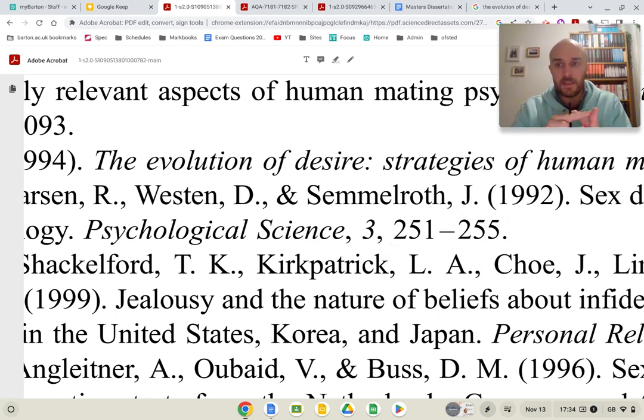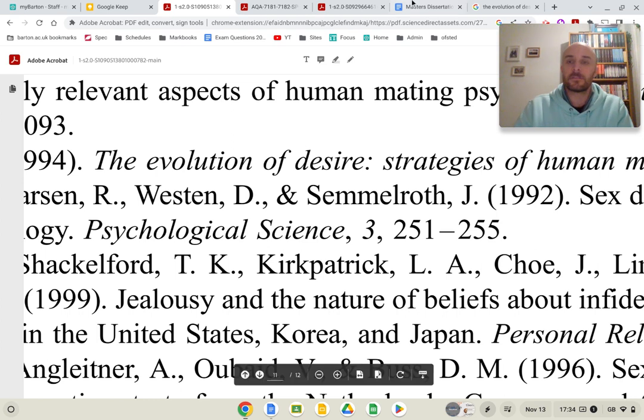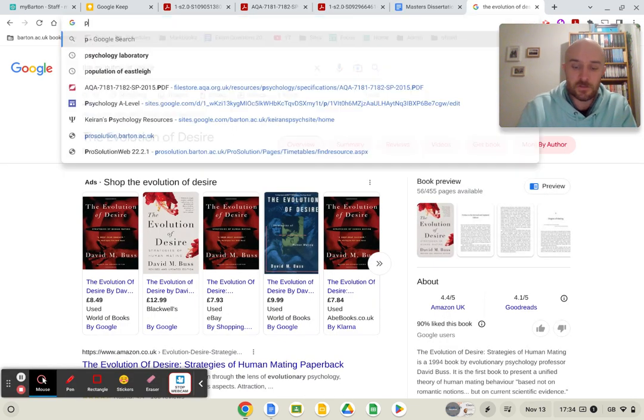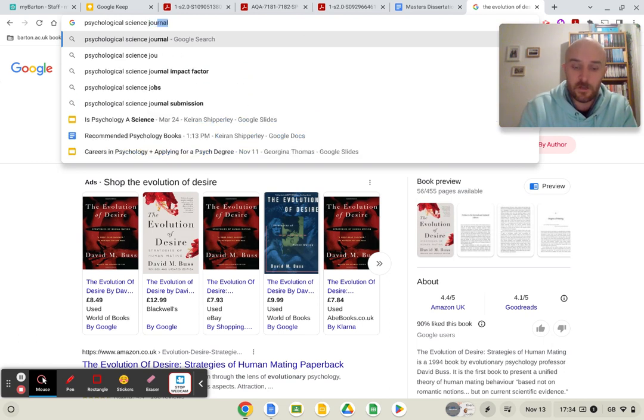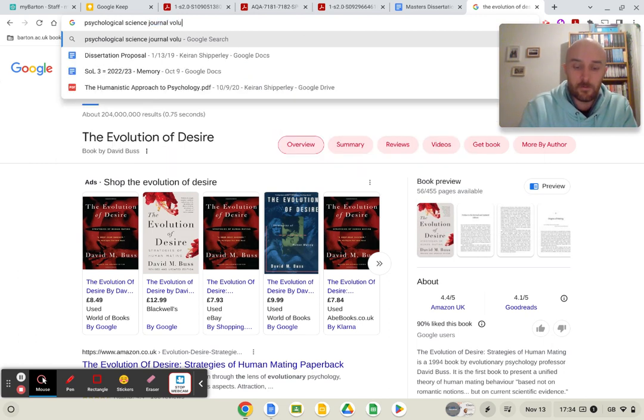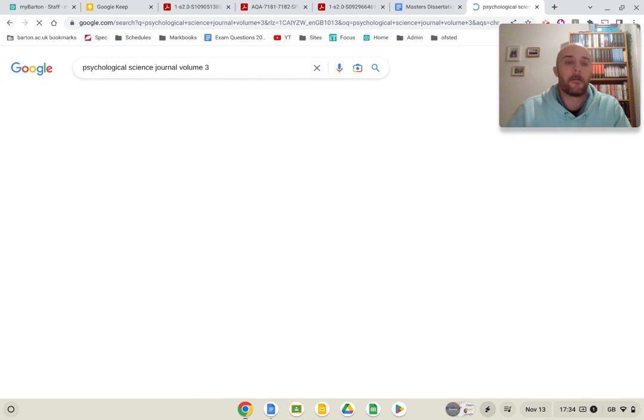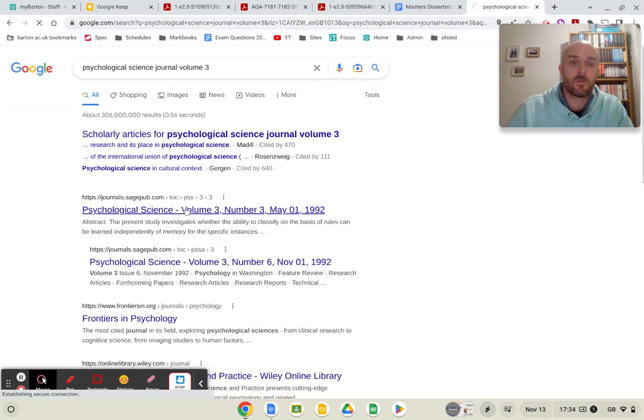So it's surname, first initial, year in brackets, the article title, the journal title, the volume number, followed by page number. And again, if I type in Psychological Science, journal, volume 3, that is going to take me straight through to this.